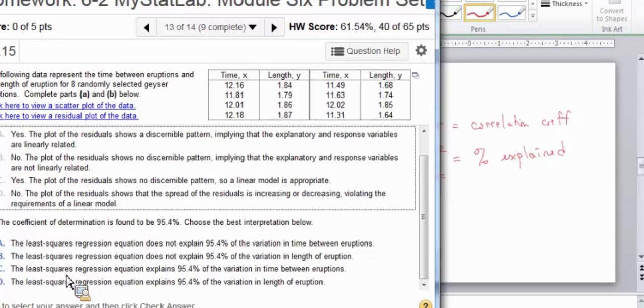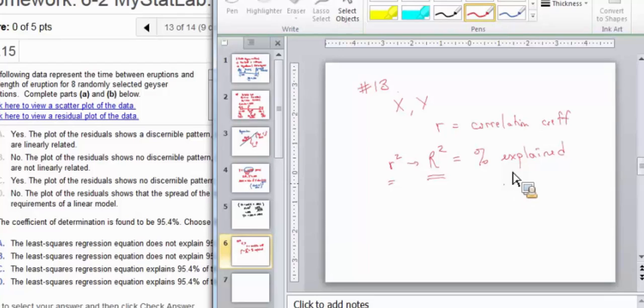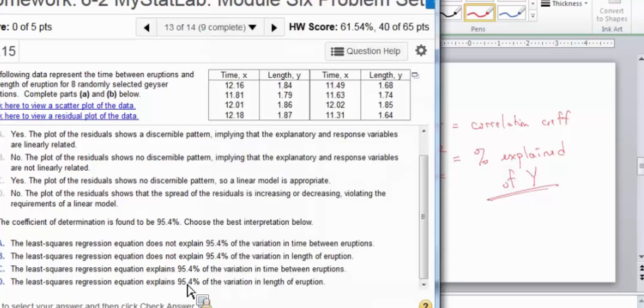So the least square equation explains 95.4% of the y, the length of eruption. Percent explained of y. So this is extremely high. We've explained 95% of the variation.